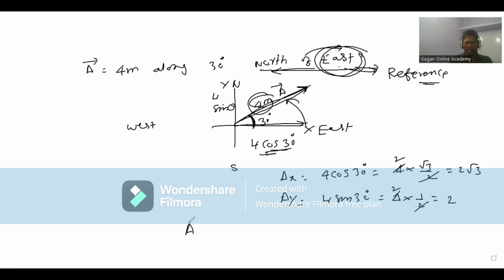Now vector A I am representing as Ax i cap plus Ay j cap. In place of Ax I am writing 2 root 3 units, i cap, plus 2 units, j cap. So vector A can be represented mathematically as 2 root 3 i cap plus 2 j cap.